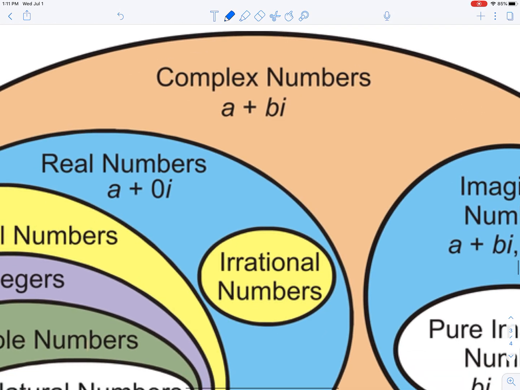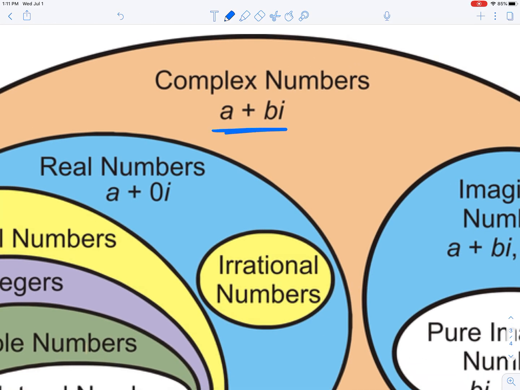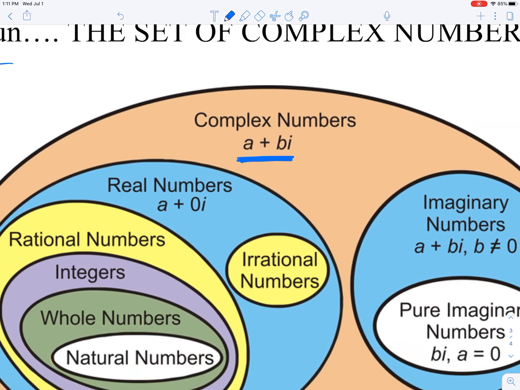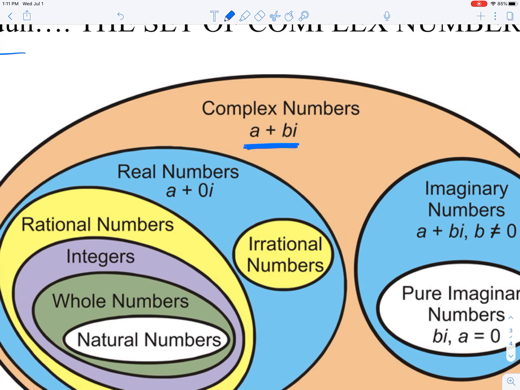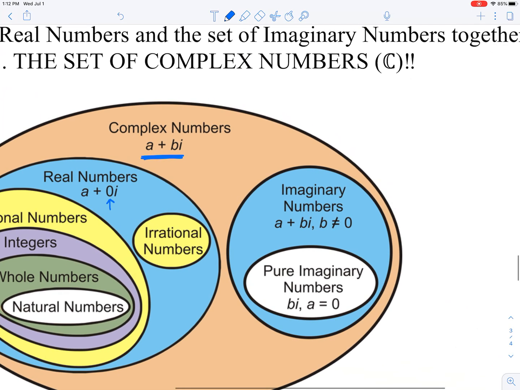So when we put the set of real numbers and the set of imaginary numbers together, we get the set of complex numbers. So all complex numbers can actually be written in the form of a plus bi.